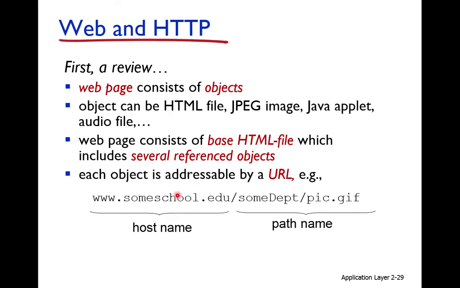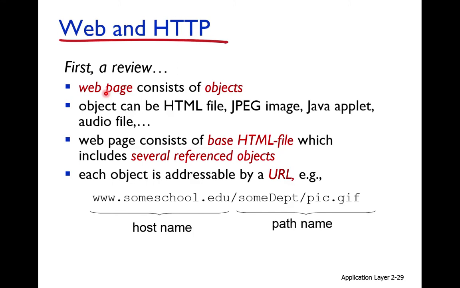One is called the host name, the machine, the IP address, the end system where the object is stored. And the path, which is on that machine where the object is located.